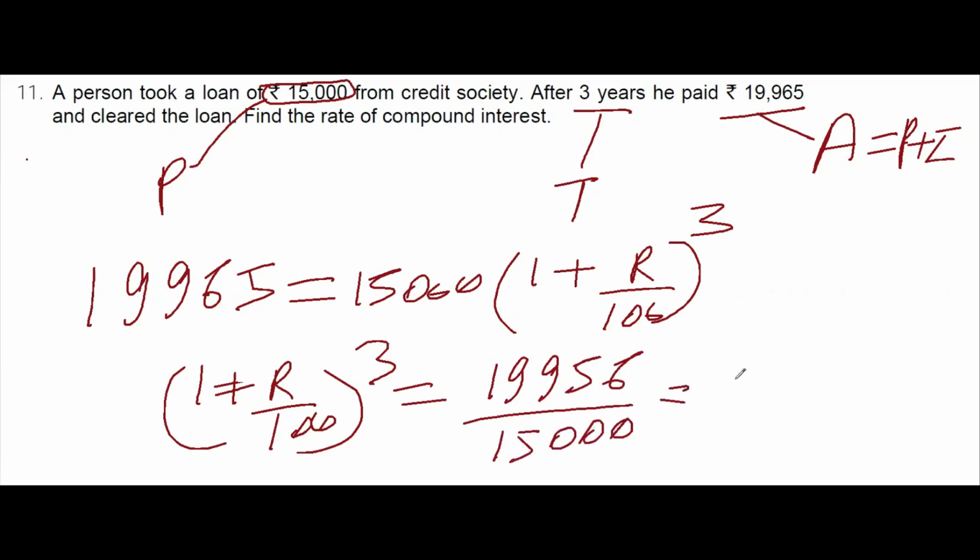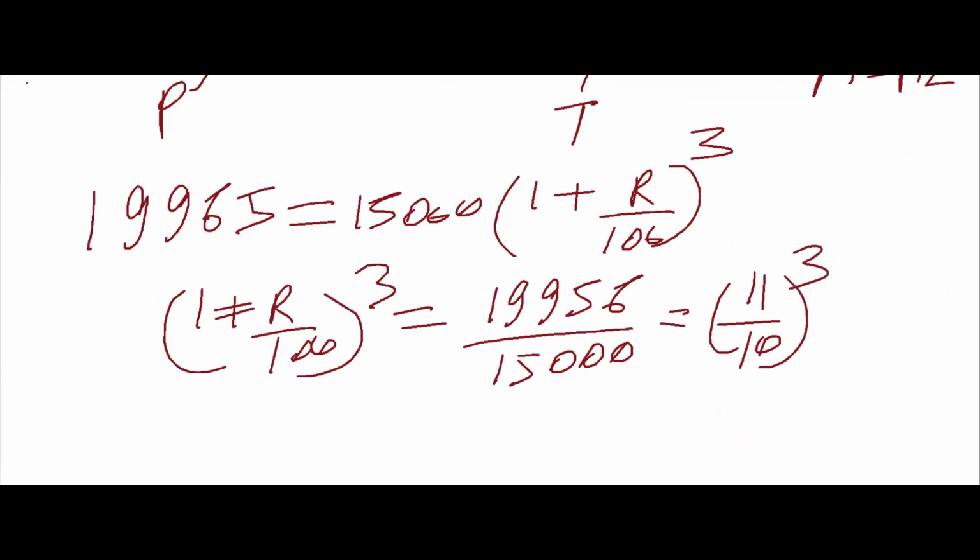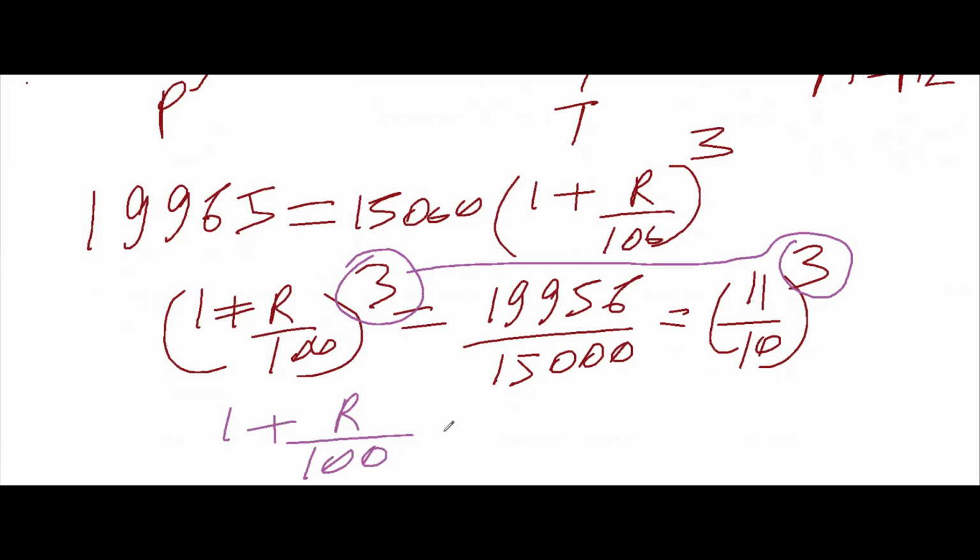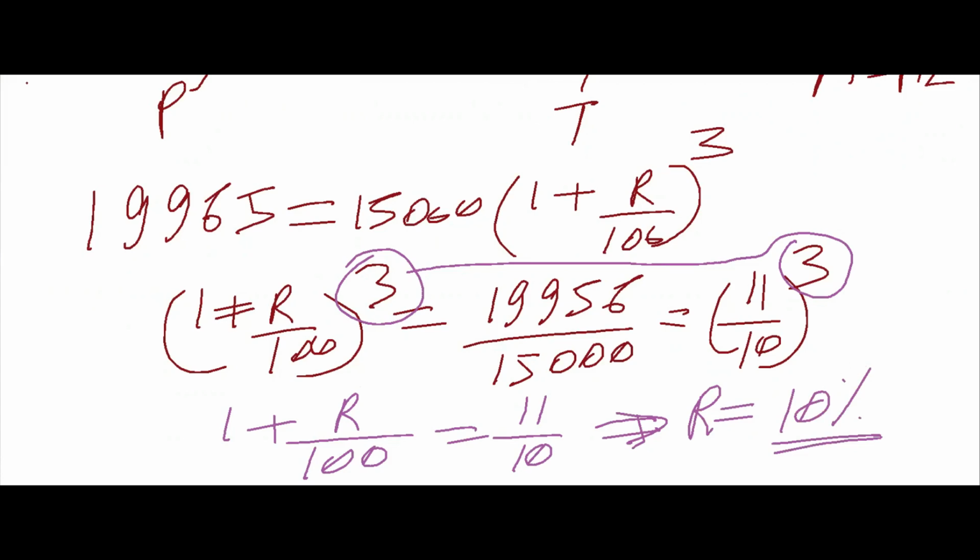When you solve this, you will get (11/10) the whole cube. When you compare this, because this is cube, here also it is cube, you will get 1 + R/100 is equal to 11/10. When you solve this, you will get the value of R as 10%. So 10% is the answer.